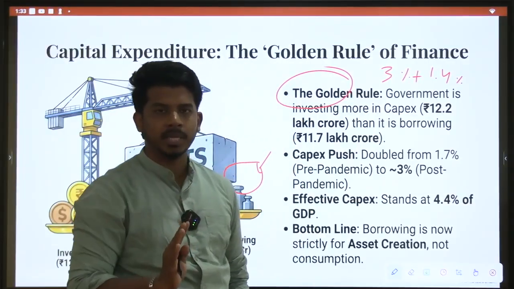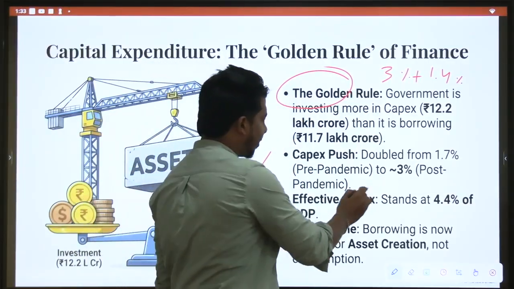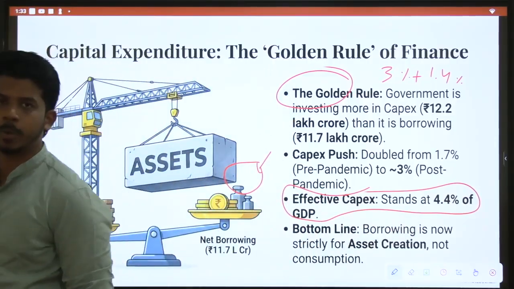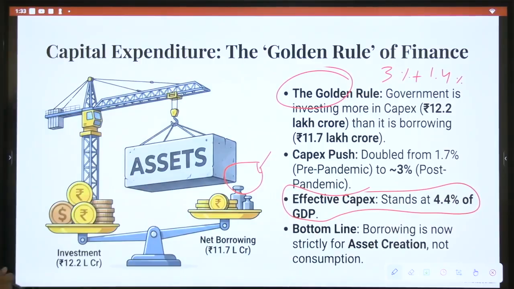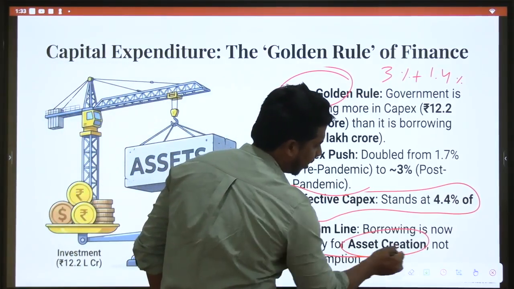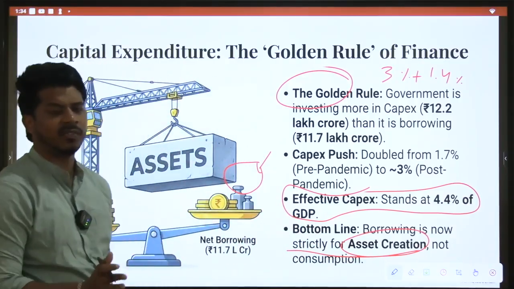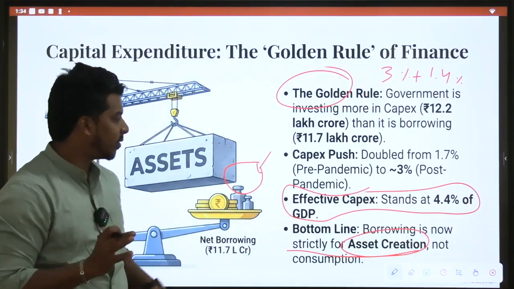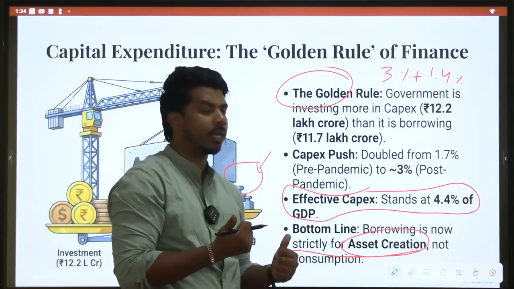They will be investing in projects which give returns. So total effective capital expenditure from the country's perspective stands at 4.4% of GDP. Borrowing is strictly for asset creation. It is not for wasting, not for giving regular payments, not for paying salaries. It is for getting something more in return.